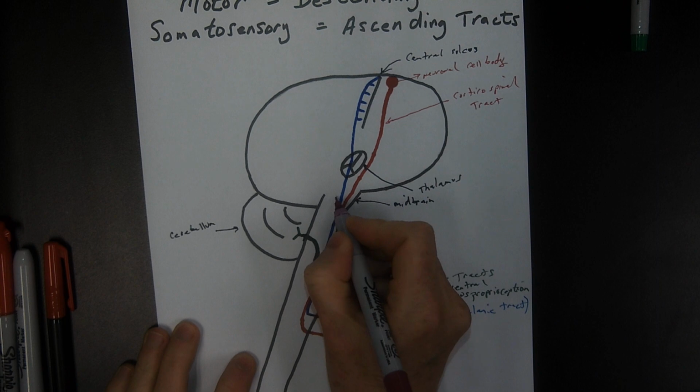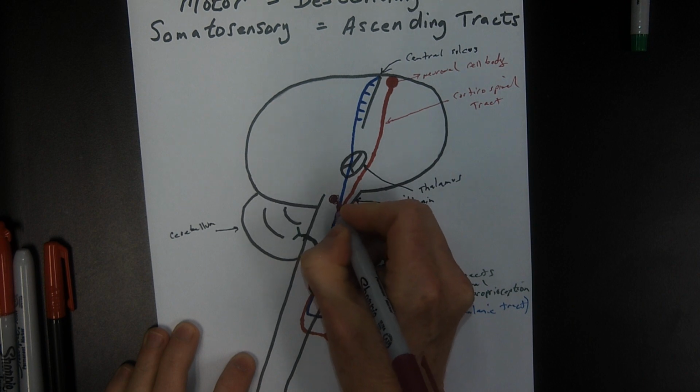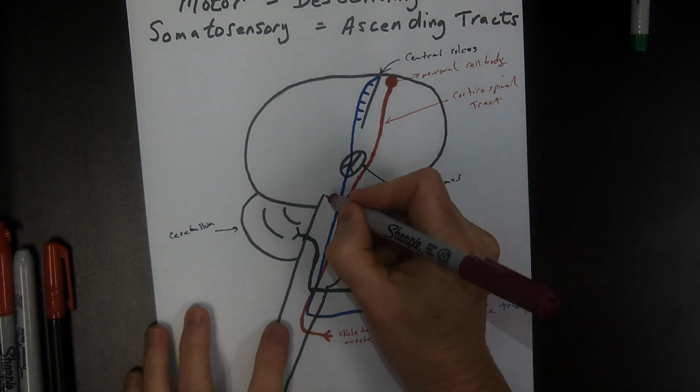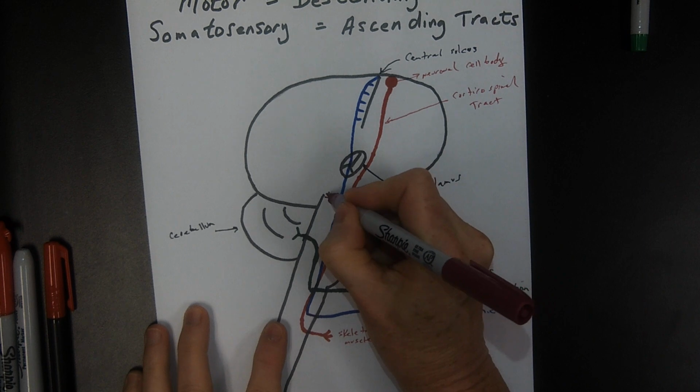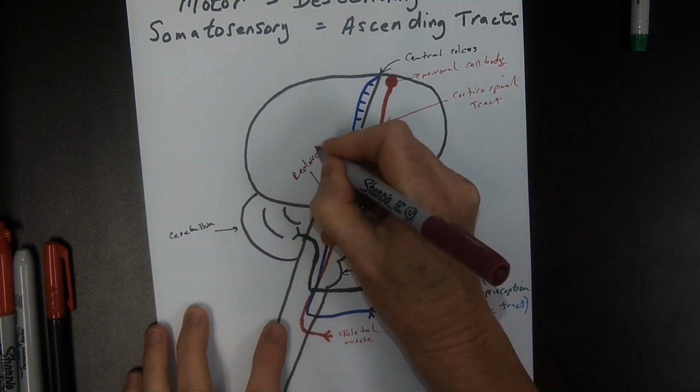We use it as a landmark for lots of different things. That's kind of a maroonish color right there. So we have this great big old nucleus that lives in the midbrain. Okay. This nucleus is called the red nucleus.